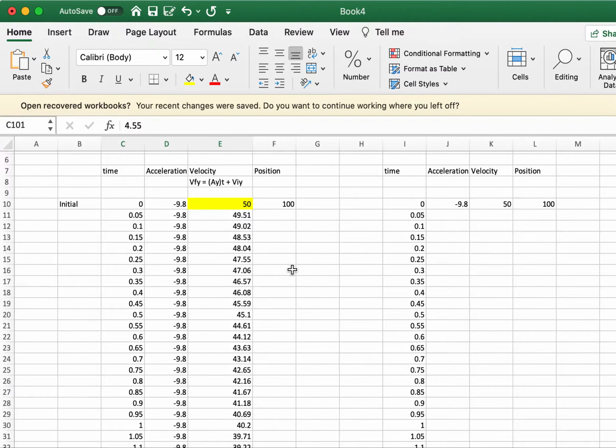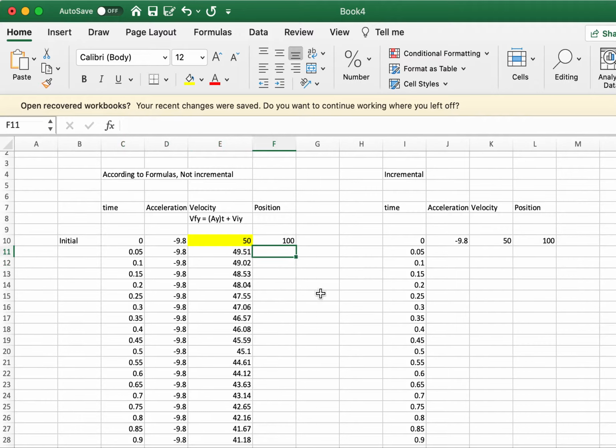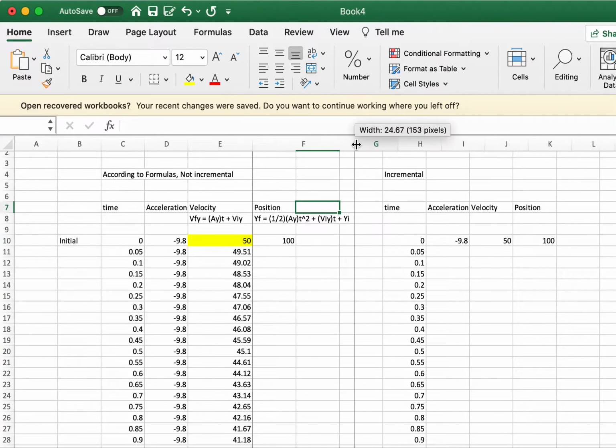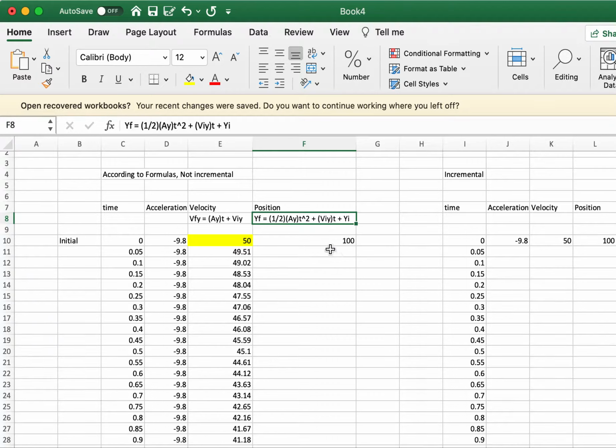But one other thing we have to include is the position. So what formula do we use for position? Well, y final equals 1/2 a t squared plus v_iy t plus y_i. That's the motion formula we used in the past for position. This is going to be our initial position, so we want to just type that in the next cell.